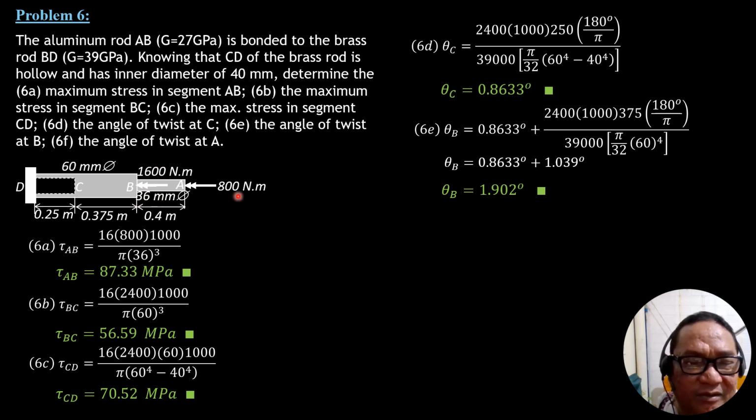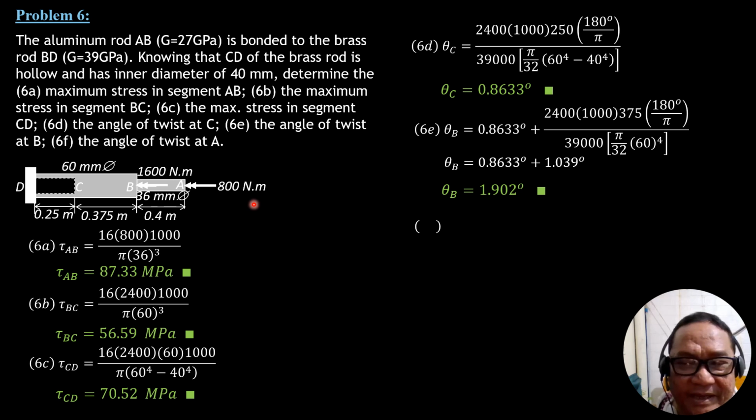Then for angle of twist at A, it is 1.902 degrees. Then plus the torque acting in AB is 800. You just cut a section, then analyze the torque that is acting. It is 800 in the same direction. So we add it to 1.902.